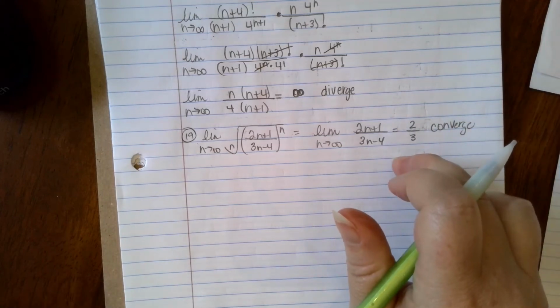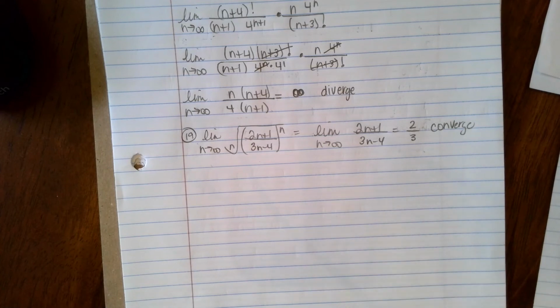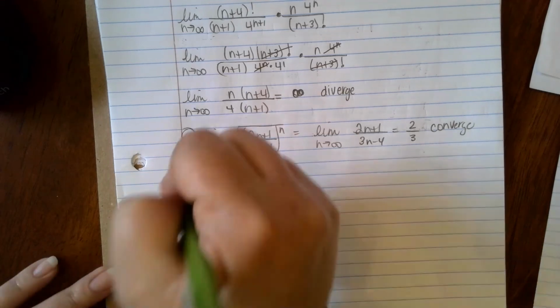All right, so let's look at number 20. What on earth are we doing with number 20, and how did I get n to the 1 over n in the numerator and over 4, and what did I do there? All right, well, let's just get started.